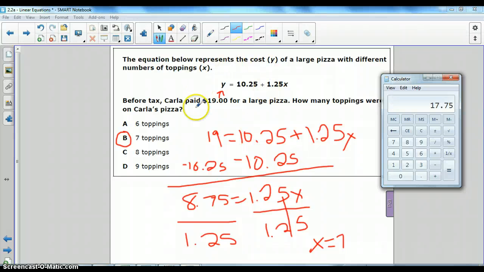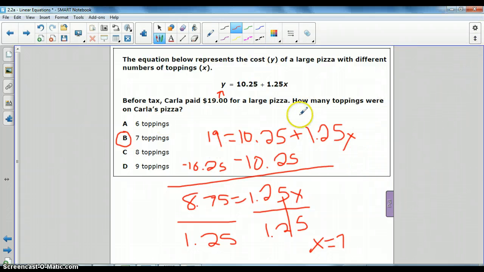That's $17.75. We wanted the pizza to cost $19, so that can't be the right answer. So then you move on to B. $1.25 times 7 toppings plus $10.25, 19. So that's the right answer. Hope that makes sense.